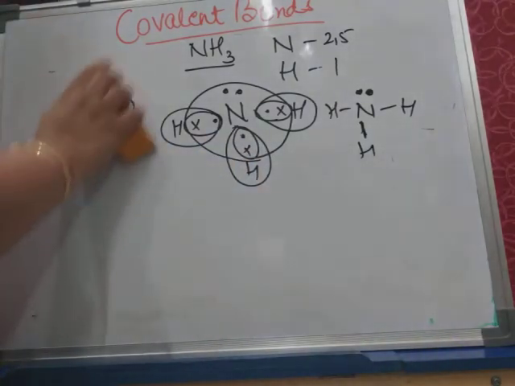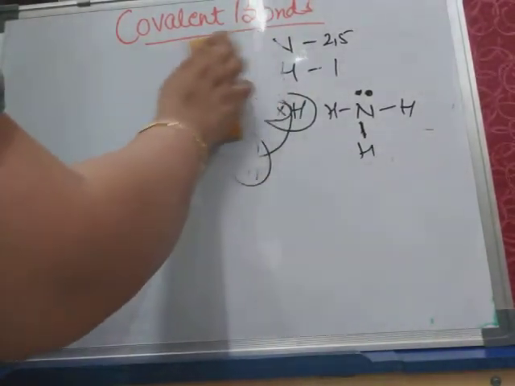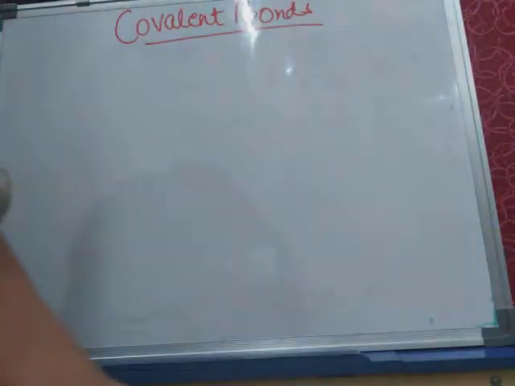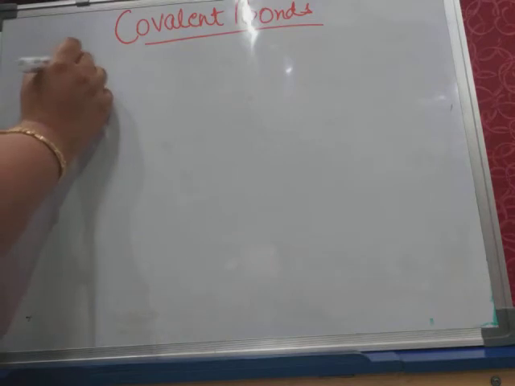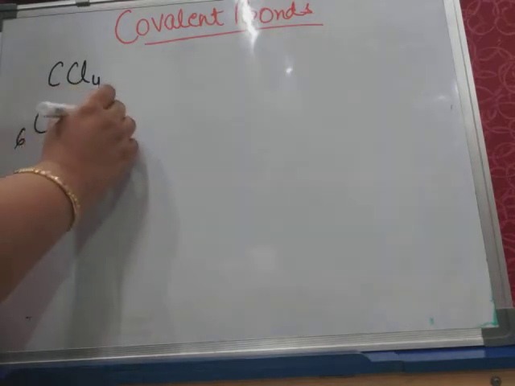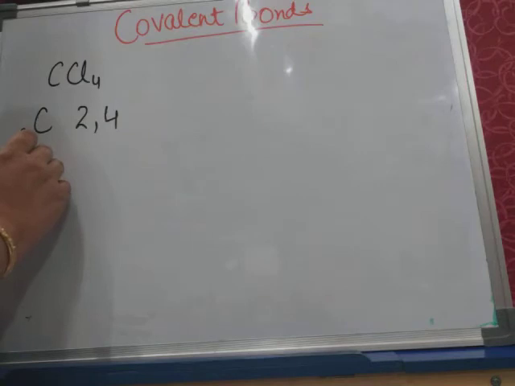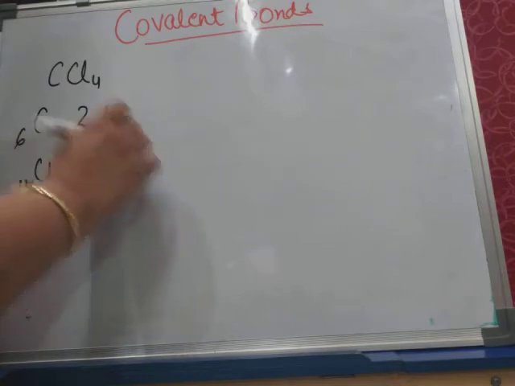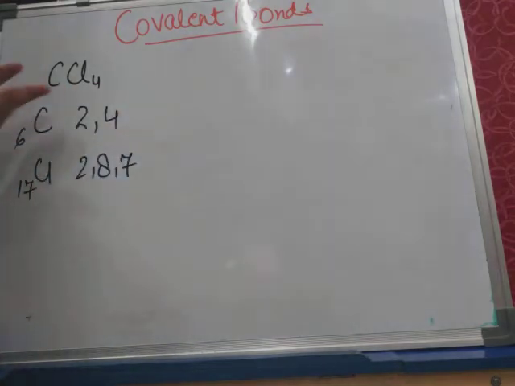Carbon tetra means 4. 1 carbon is there and 4 chlorine atoms are present here: CCl4. Carbon has atomic number 6, its electronic configuration will be 2, 4. Chlorine has atomic number 17, its electronic configuration is 2, 8, 7. Now we'll form the bond in CCl4.